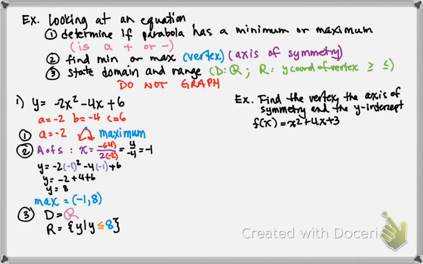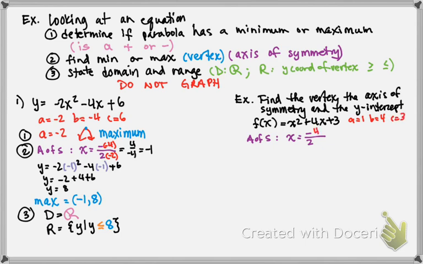So we're going to start with the vertex. And that means we have to do the axis of symmetry first. So the axis of symmetry is equal to negative b over 2a. So we have the negative of, a is 1, b is 4, c is 3.